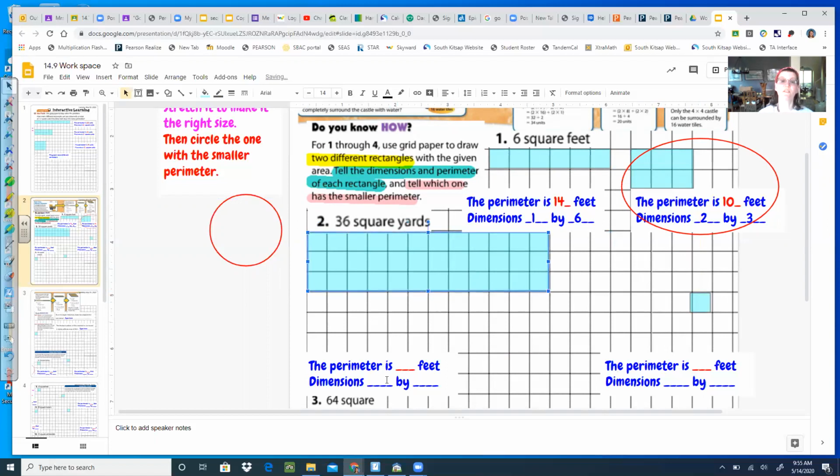So we said that this guy was 3 by 12. Okay, 3 plus 12 is 15. I need to double that for my whole perimeter. So 15 plus 15 is 30. Now, what else can I multiply to get 36?